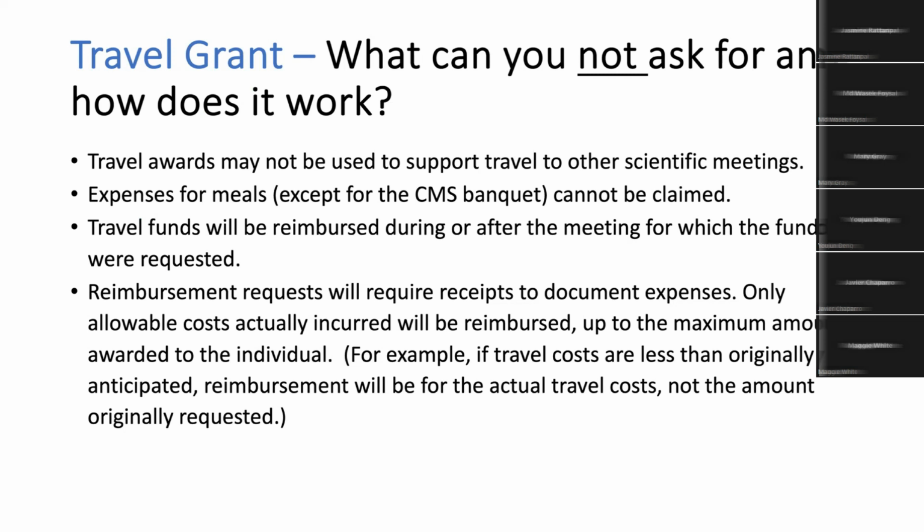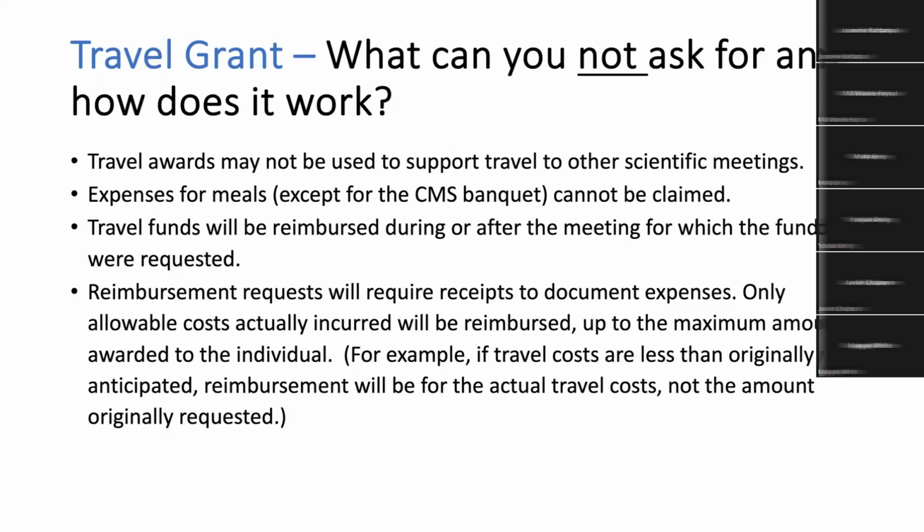Only allowable costs actually incurred will be reimbursed up to the maximum amount awarded. So for example, if your travel costs are less than you originally anticipated, you'll provide documentation of the actual costs and you'll be reimbursed for those actual costs and not the original requested amount.